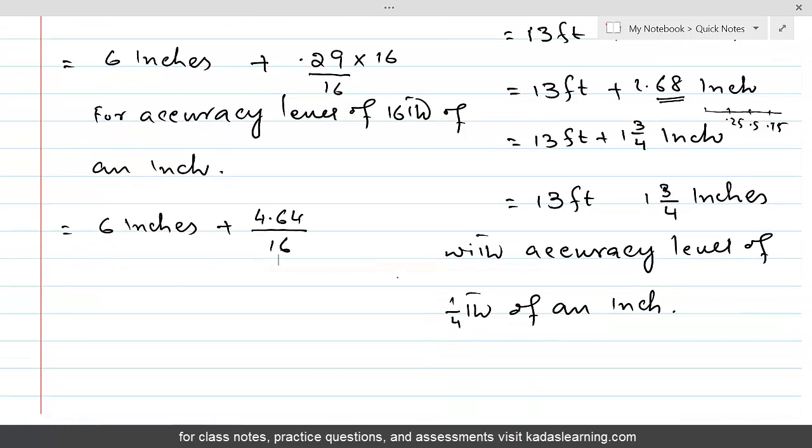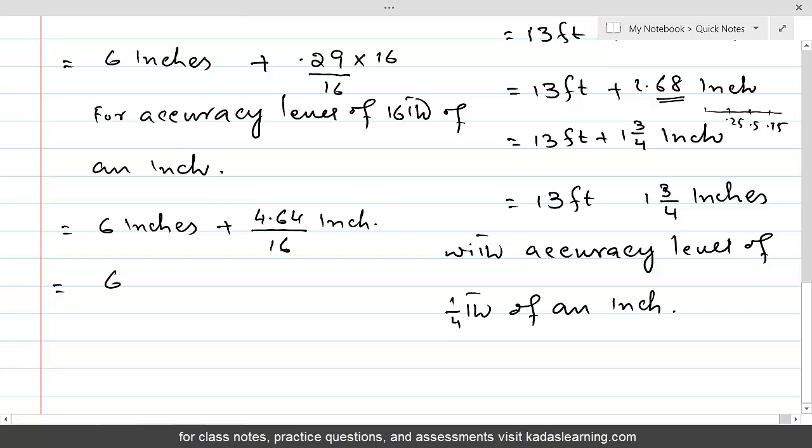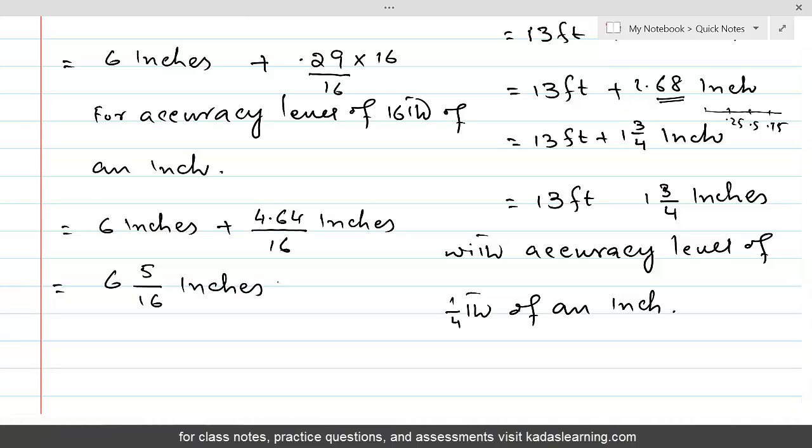Now this 4.64 is closer to 5, so we can comfortably say 6 whole 5 over 16 inches, because 4.64 is closer to the upper part, which is 5.